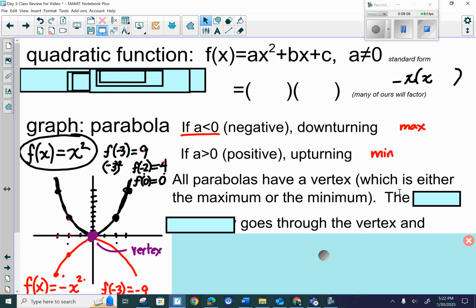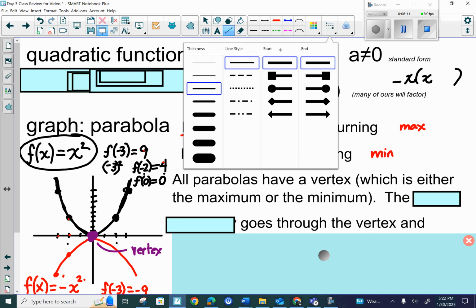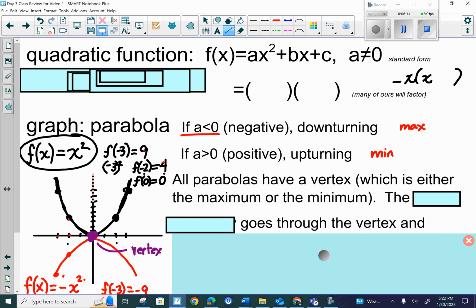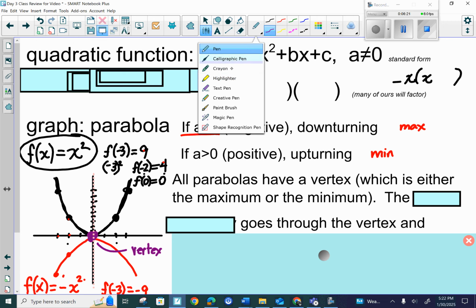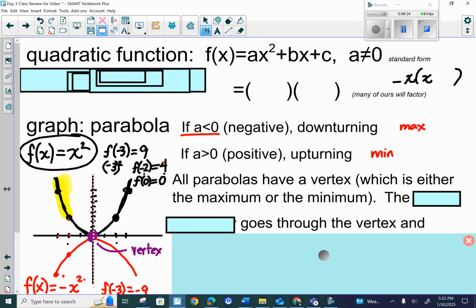And a special line goes through that vertex. I'll draw that in here in pink. It goes right through that vertex, cuts the parabola in half. So we can see that the left side, this left side right here, is symmetrically the same as the right side. And you saw that when we plotted these points, because f of -3 is 9, but so is f of 3.